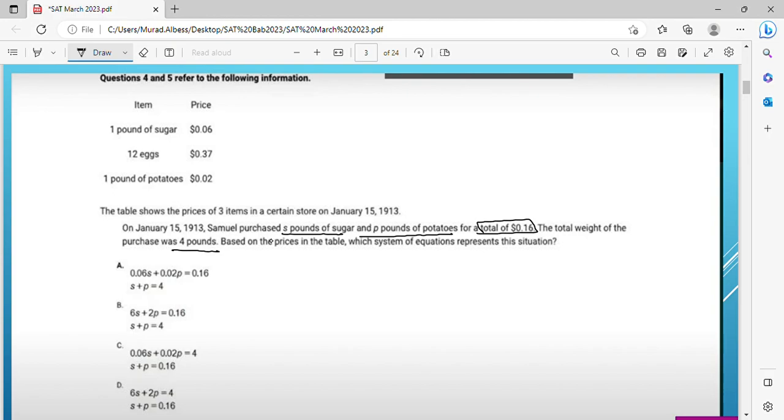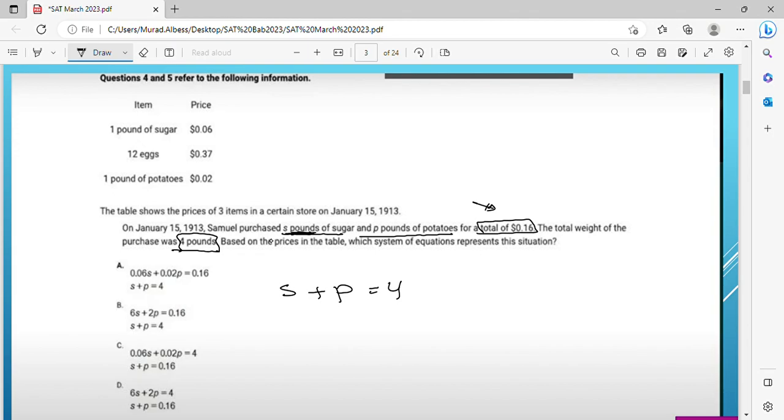We should look carefully at the question. Here the pound, okay, but it gives me directly the price. But here is the total weight, okay? So S plus B equals 4. Be careful, it's not equal to 0.16. S plus B equals 4.